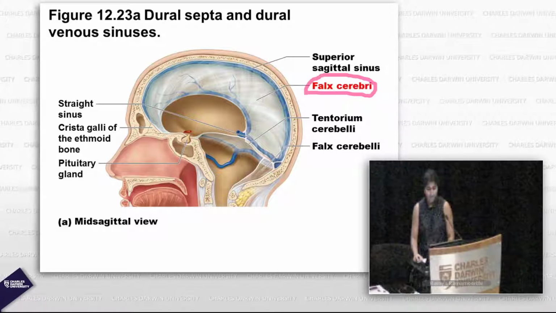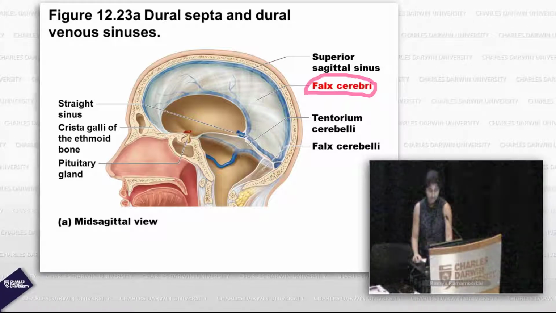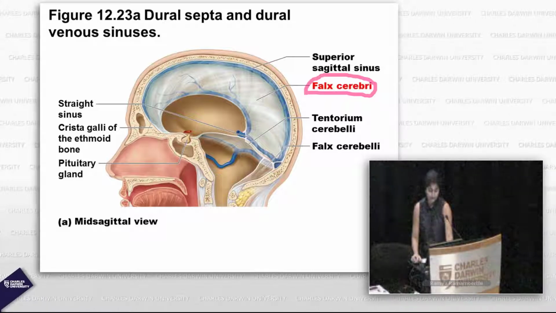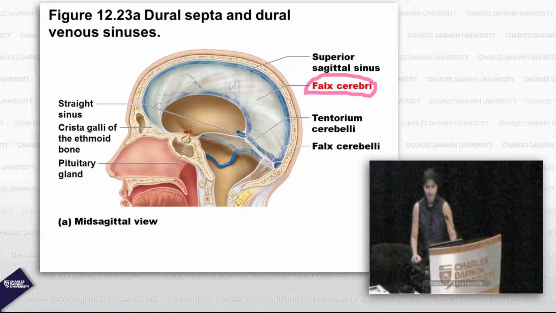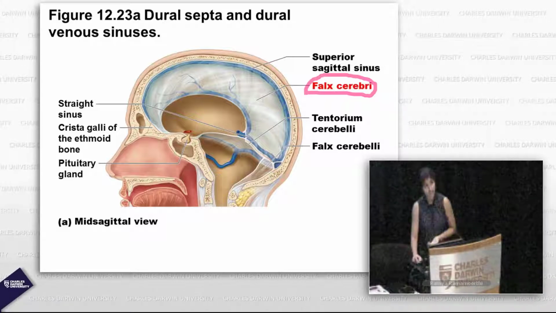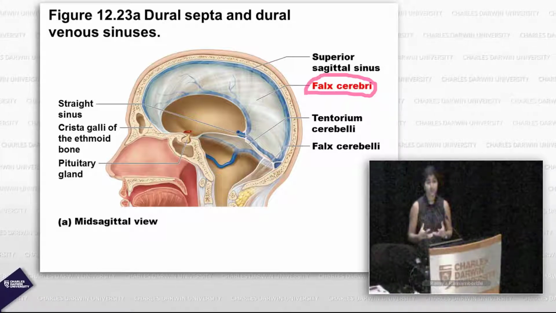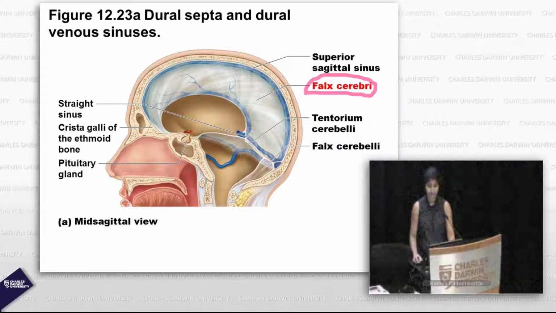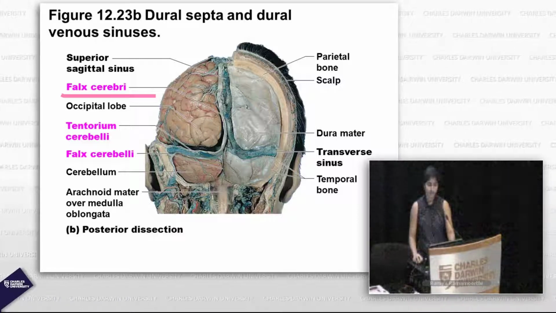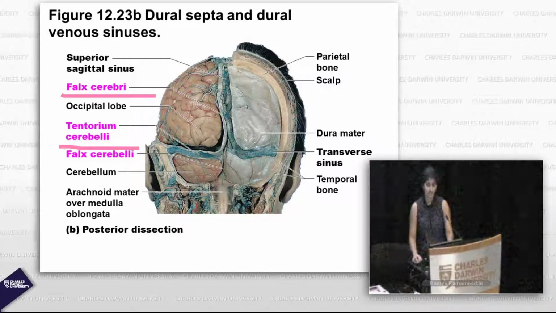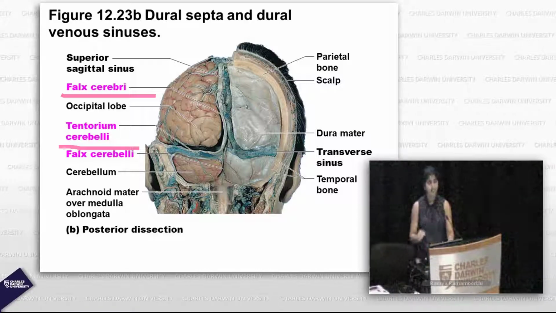Then we have the tentorium cerebelli, which is a horizontal fold hanging over the cerebellum. I told you the cerebellum is a very important structure, so there is a lot of protection. Here is a good slide: you see the falx cerebri, tentorium cerebelli, and falx cerebelli. These are the septa coming out from your dura mater.